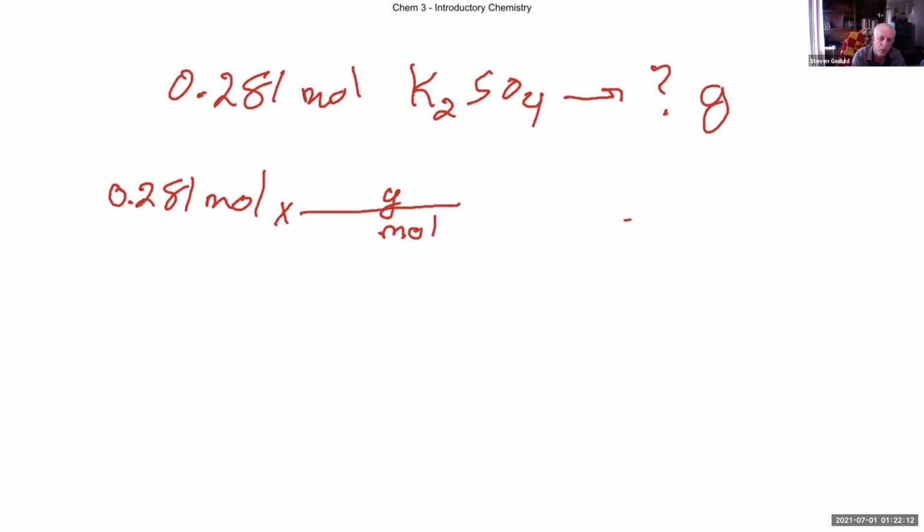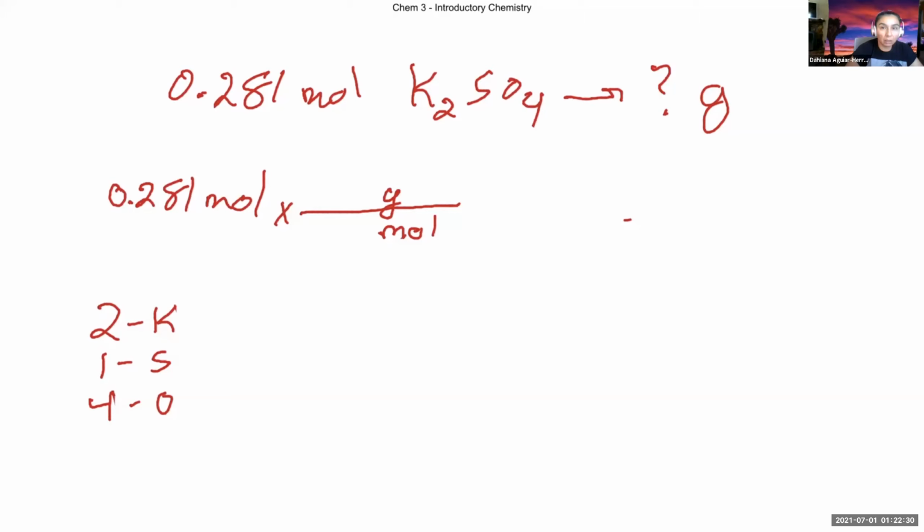From moles to grams, I know I need my molecular weight. So I know I've got 2 potassiums, 1 sulfur, 4 oxygens. Right? Yes. Okay.